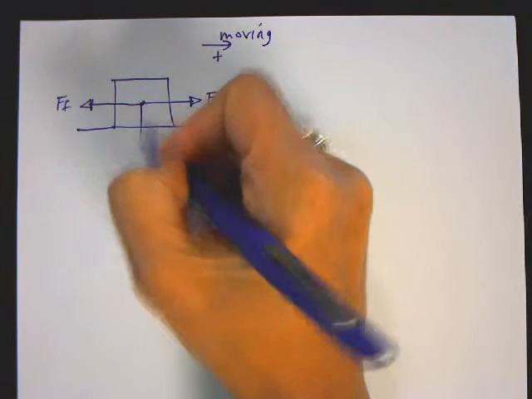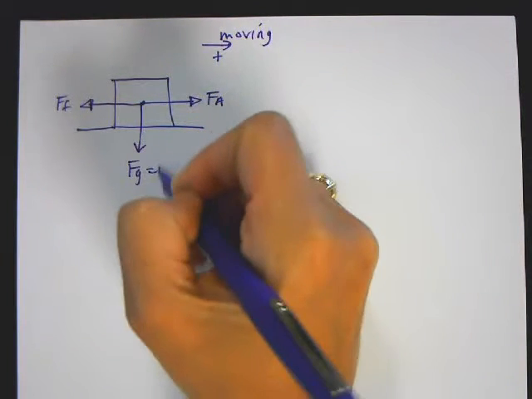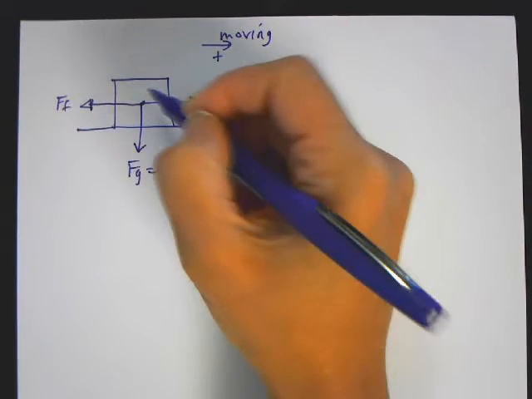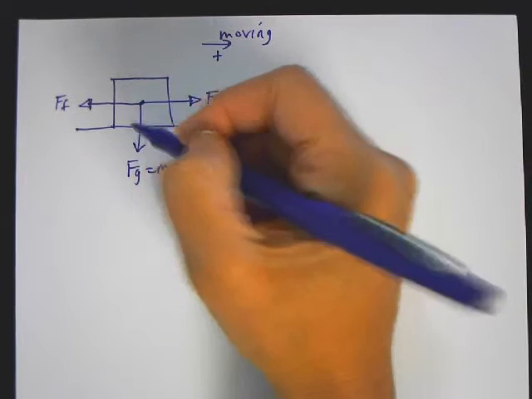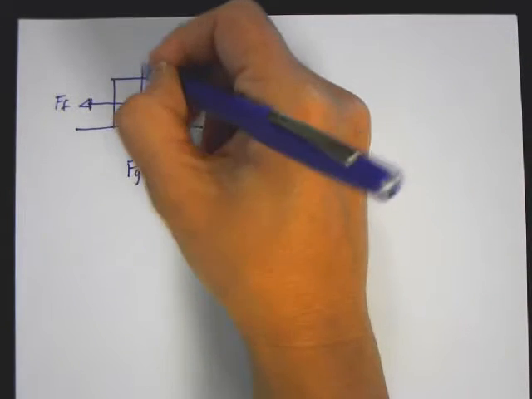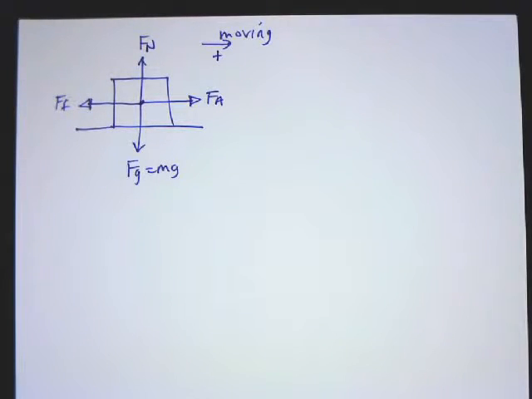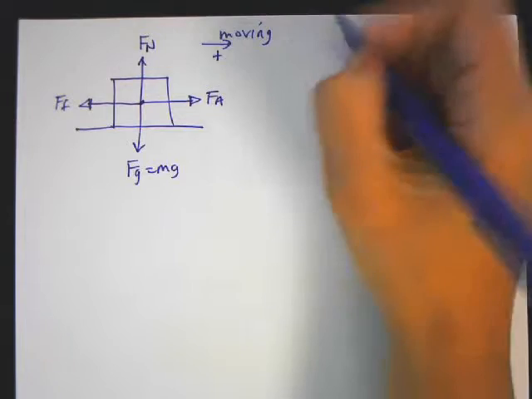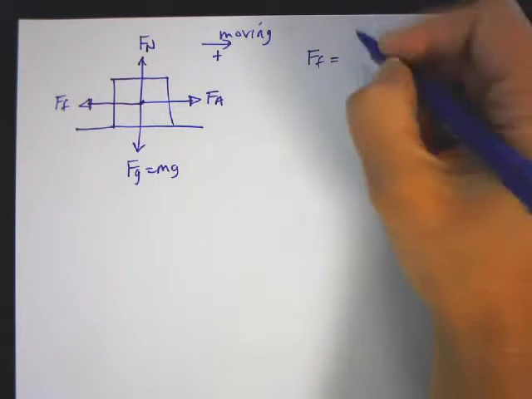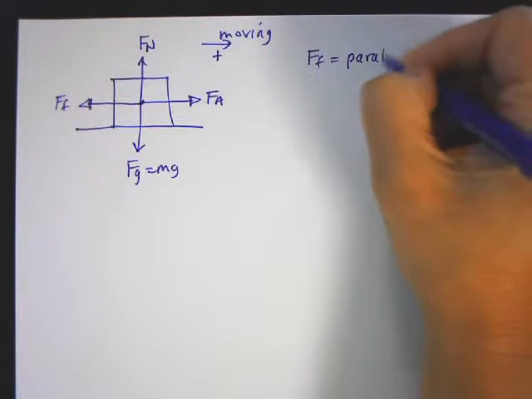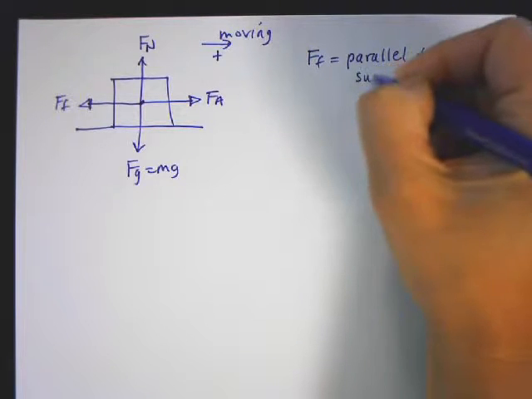We also know that the weight of an object acts down, and then because of Newton's third law, when the weight is acting down, there's a force that pushes up, which is called the normal force. So some of the things that we have to keep in mind is frictional force is always going to be parallel to the surfaces in contact.